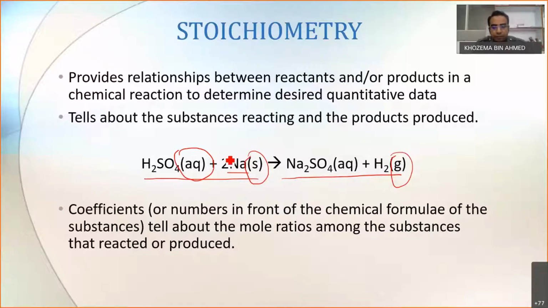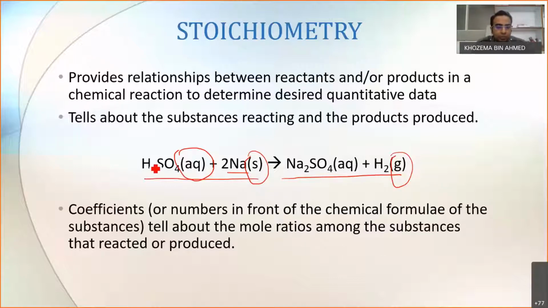So this is a chemical equation, and for every chemical equation you'll have a stoichiometric coefficient. The coefficient, or the number in front of the chemical formula of the substance, tells us about the mole ratio among the substances that reacted and the products.